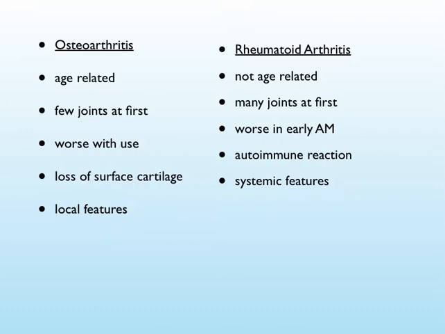Osteoarthritis begins by the loss of the surface cartilage, whereas rheumatoid arthritis is basically an autoimmune reaction within the joint. And osteoarthritis tends to be just a local joint problem, whereas rheumatoid arthritis can have systemic features and making one feel ill in general and having problems that go beyond being just in the joints.